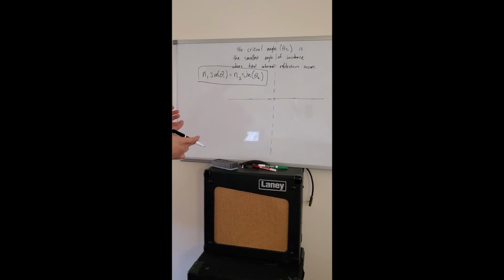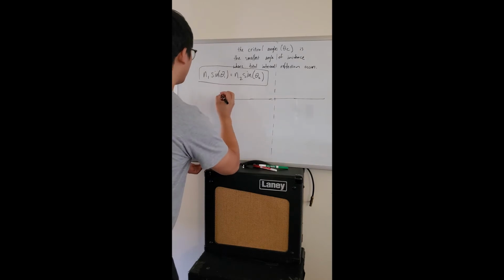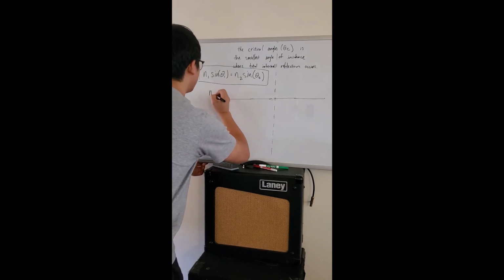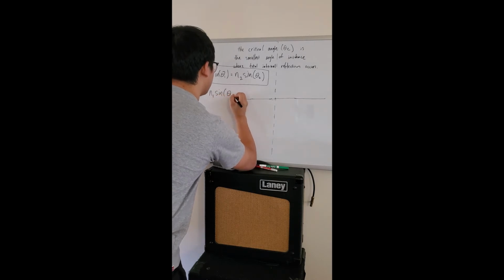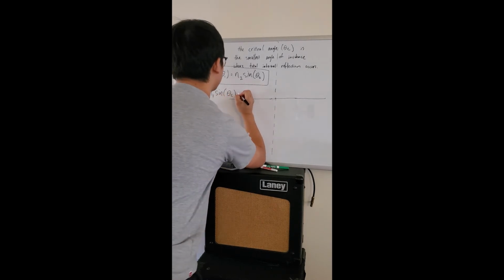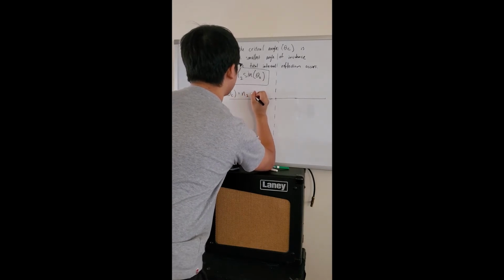Actually, before we go into an example, let's see if we can find some generic formula for the critical angle using Snell's law. So we had before that n1 sine of theta C, because that's what we're interested in, is equal to n2 times some sort of angle here.